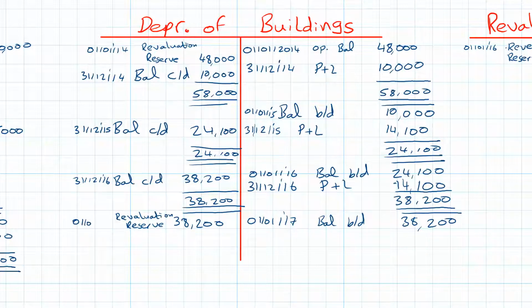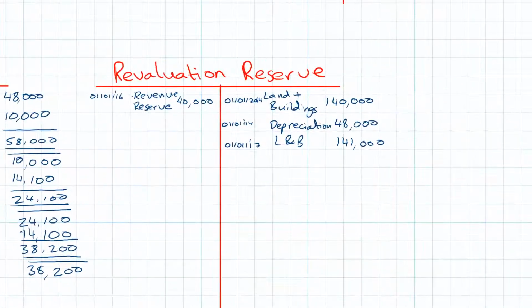It was the first of the year, the first 17, 38,200, coming from depreciation, first year. Perfect.